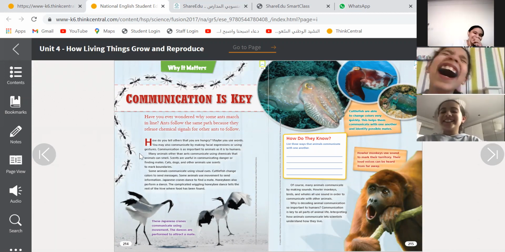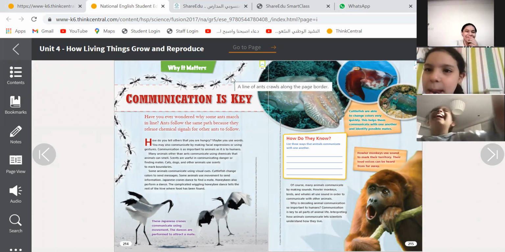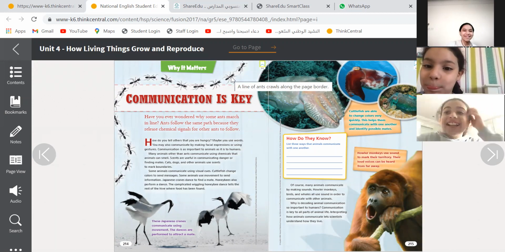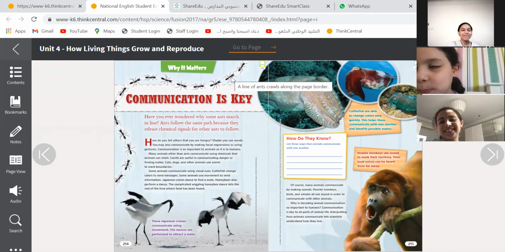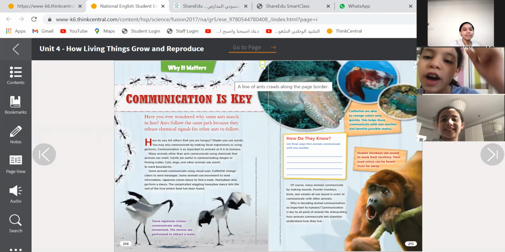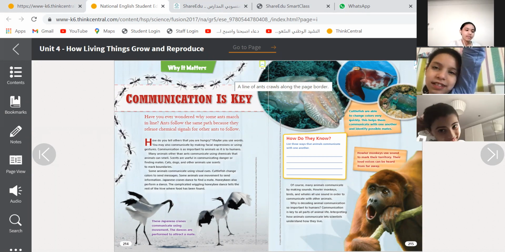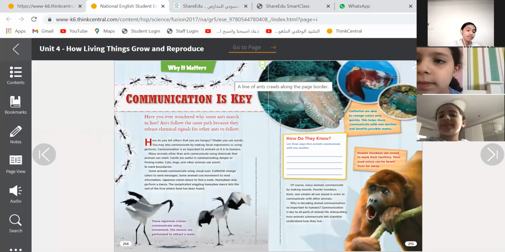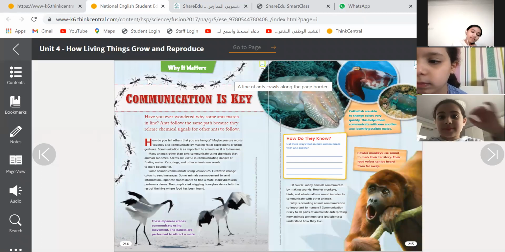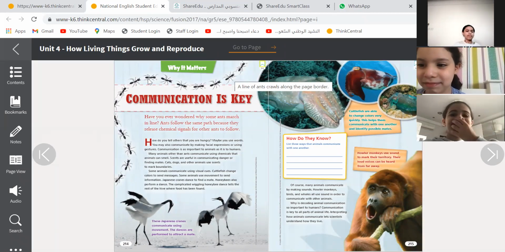When you make a line, can you make a line like ants? No. How do you think they do that? They use chemical signals for other ants to follow. So they follow with their smell. They smell a chemical signal, so they follow it.